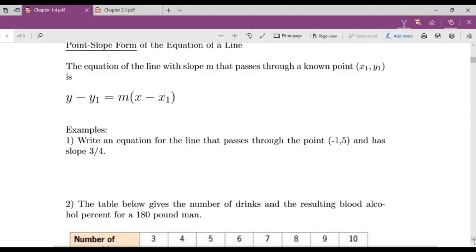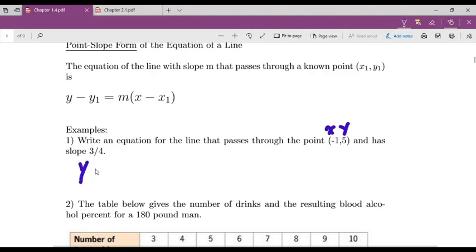Now, in this example it says write an equation for the line that passes through the point -1, 5 and has the slope 3/4. Okay, remember that this goes x, y. So your x point's first, your y point's second. Easy enough. So all I've got to do is start it out in this point slope form.